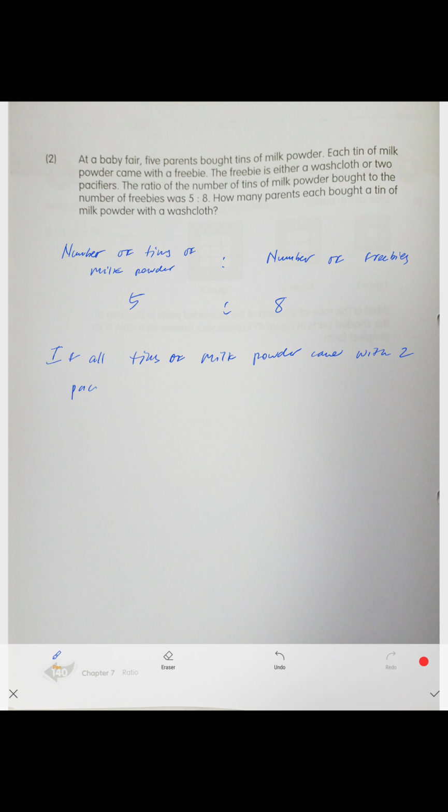So if all tins of milk powder came with two pacifiers, basically, if for each tin of milk powder, instead of one washcloth, they got two pacifiers, the ratio would be different. The ratio would be 5 to 10.